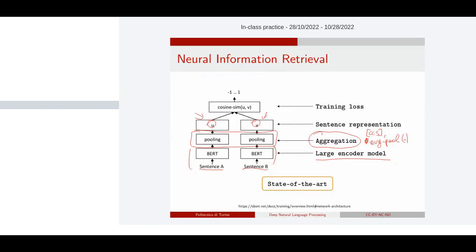And then at the end of this process, we have a sentence representation both for sentence A and sentence B. If we have a lot of training examples, we can define a training loss by using the cosine similarity of the two sentences, backpropagate, and run the training procedure to train these encoder models to produce semantically meaningful vector representations.